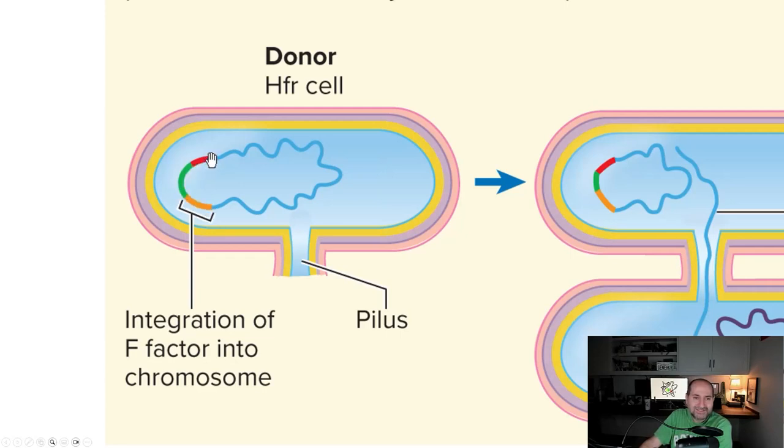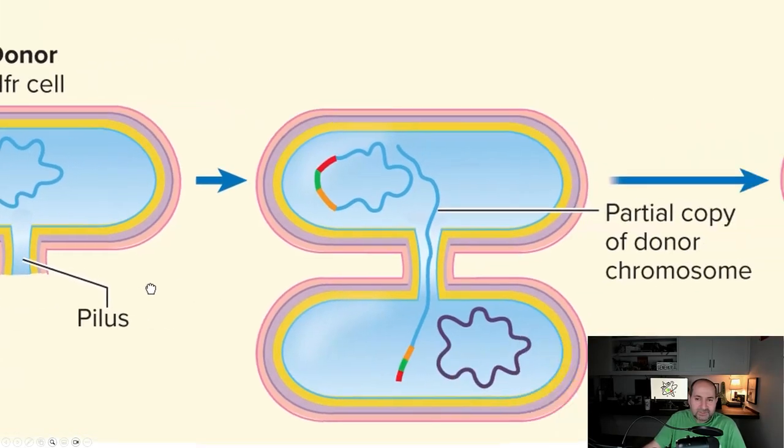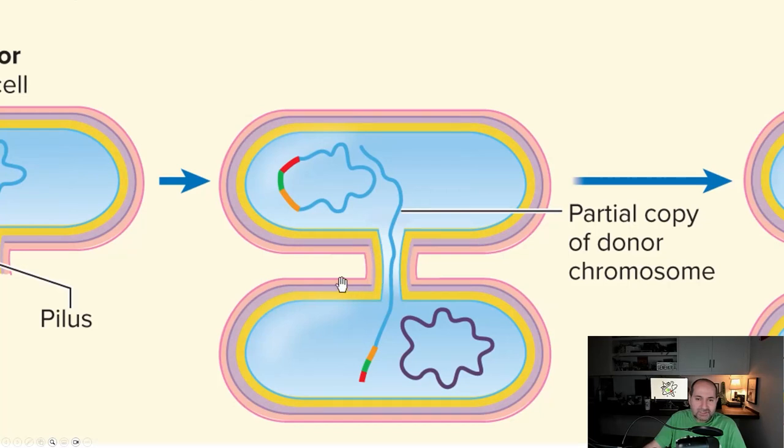It's like cut and paste itself into the genome of the cell. Now, this is known as an HFR cell. And because it possesses the genes necessary for building the pilus, it forms the sex pilus. The sex pilus conjugates with an adjacent cell.